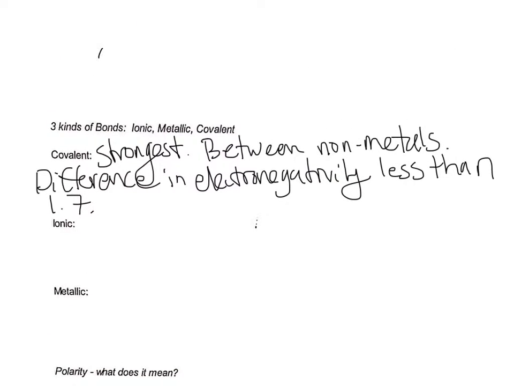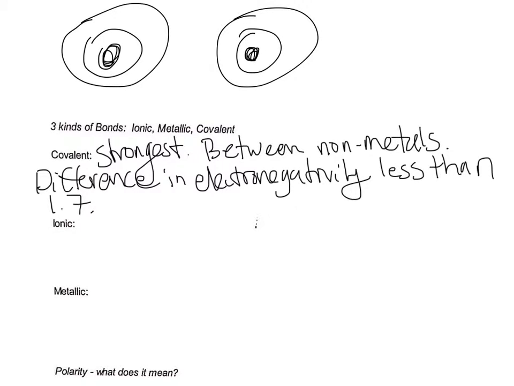I'm going to draw a little picture. We're not talking about specifically what these are, but if this had a really high electronegativity, and this had a really low electronegativity, this atom would be pulling on electrons.